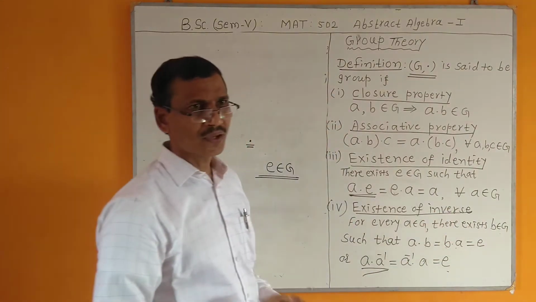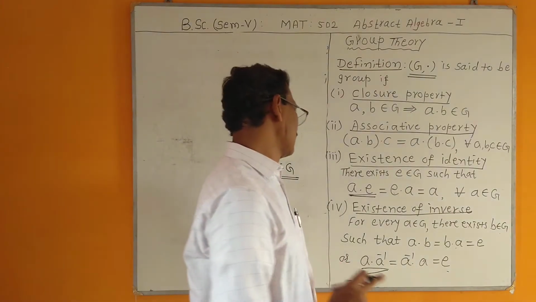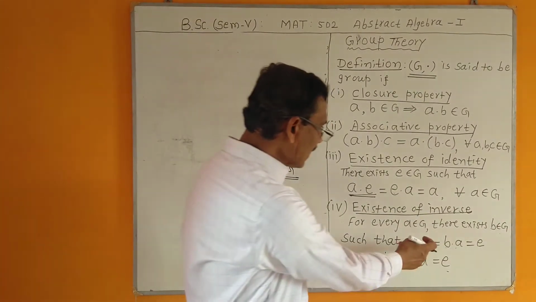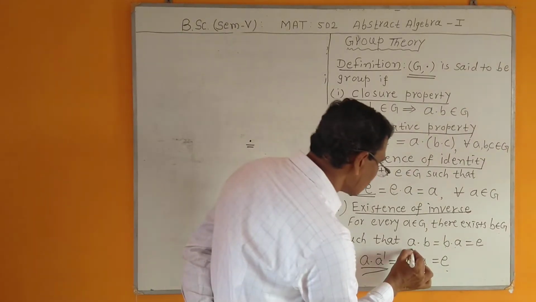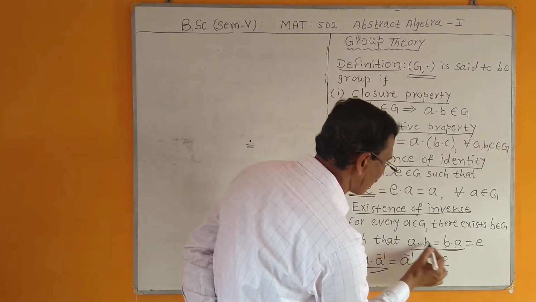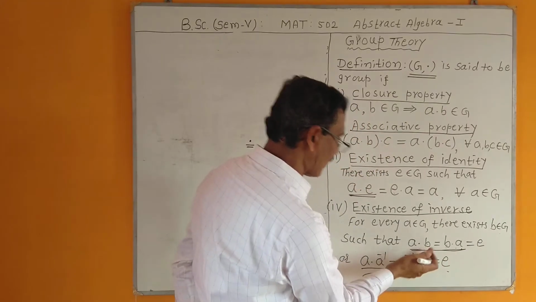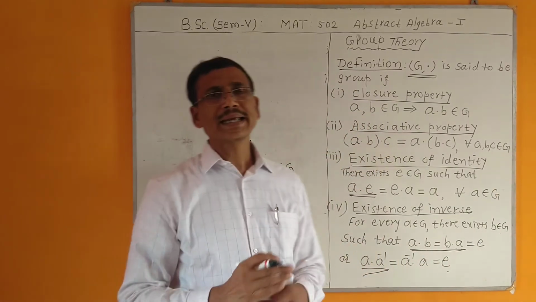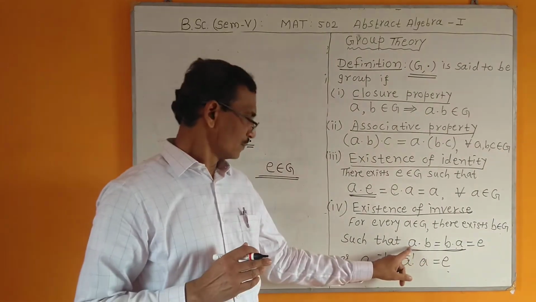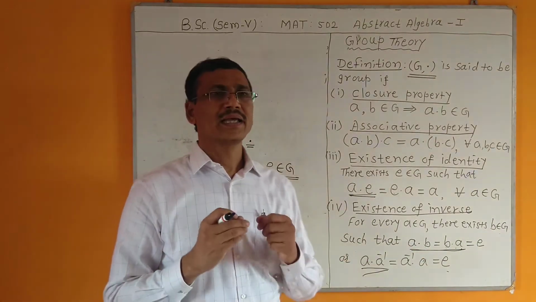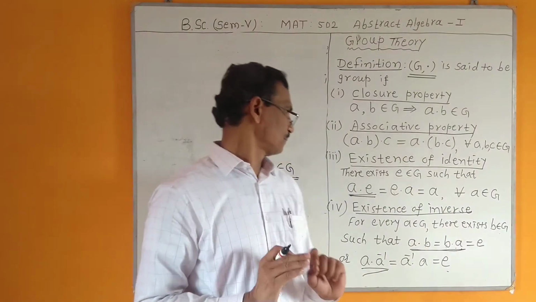Here e is the identity element. In this case, we say that b is the inverse of a. As there is symmetry in a dot b and b dot a, as we say that b is the inverse of a, we can say that a is also the inverse of b. That means in general we can say that a and b are inverses of each other.